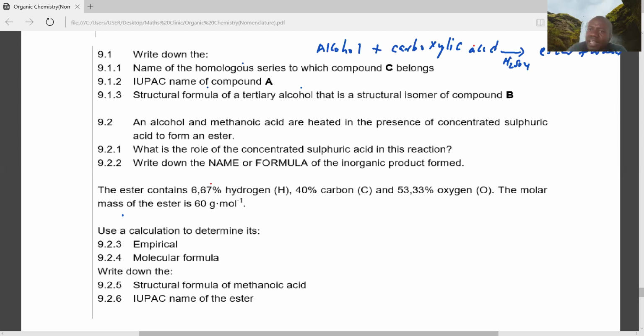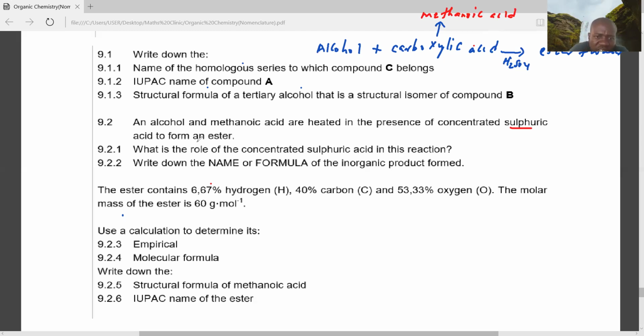But here they said that the carboxylic acid they've used is methanoic acid. Then they're saying in the presence of concentrated sulfuric acid.